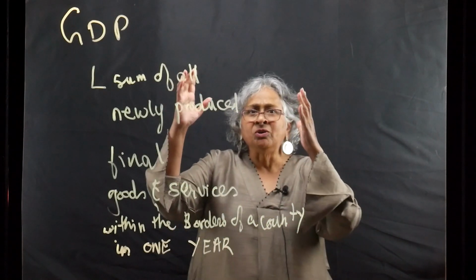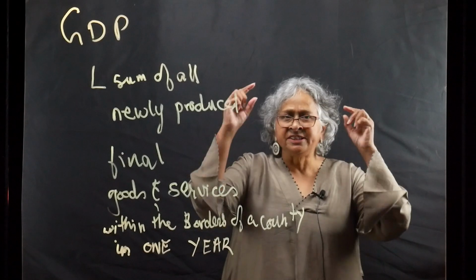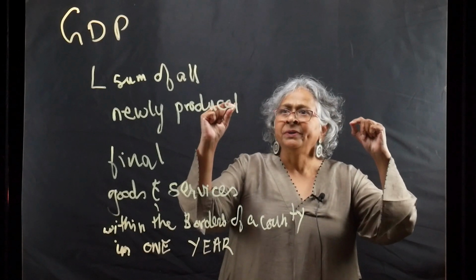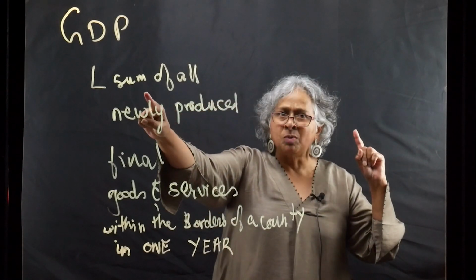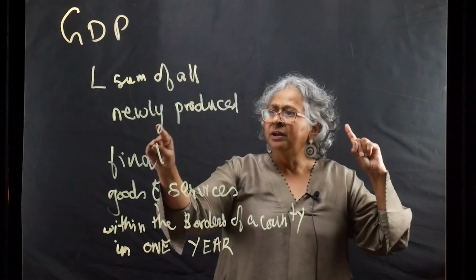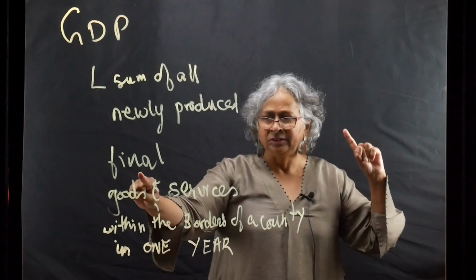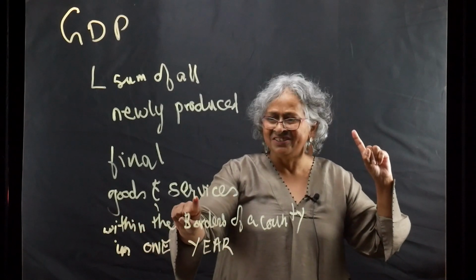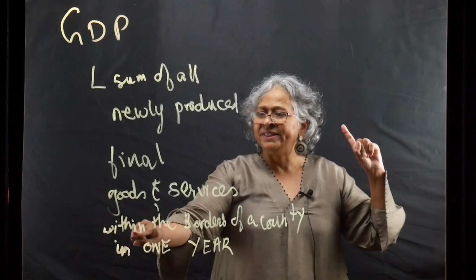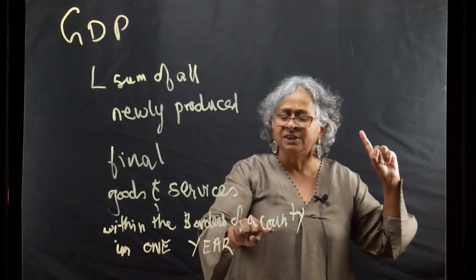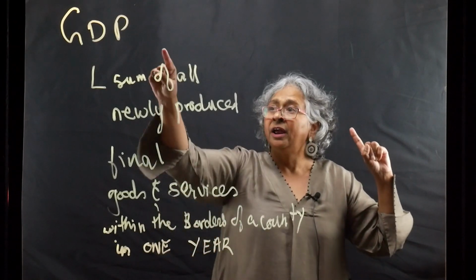The GDP, or gross domestic product, is defined in the following way. The GDP is the sum of all newly produced final goods and services within the borders of a country in 1 year.